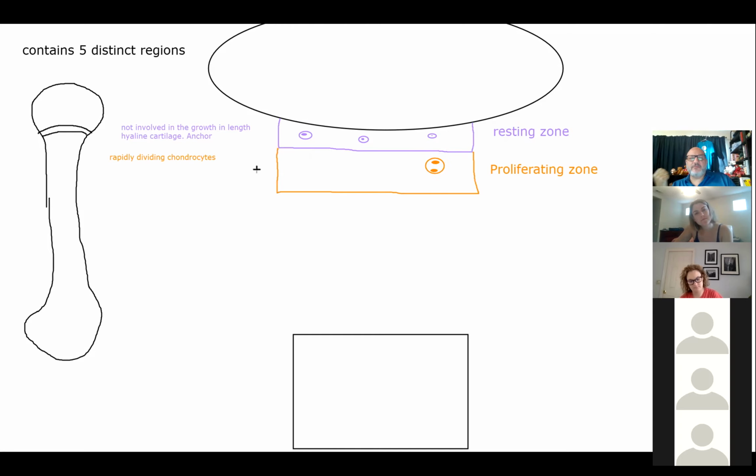And as they start to make matrix, they are going to expand the tissue. And that's exactly what's happening here. Here we are expanding the tissue by making new matrix.